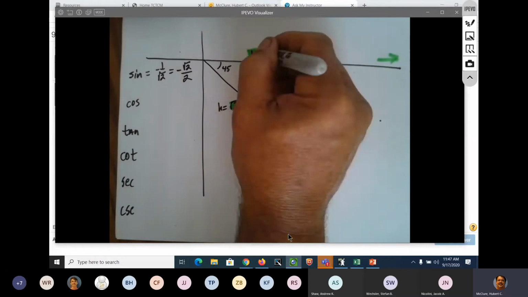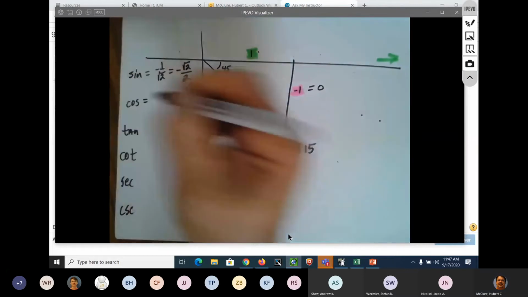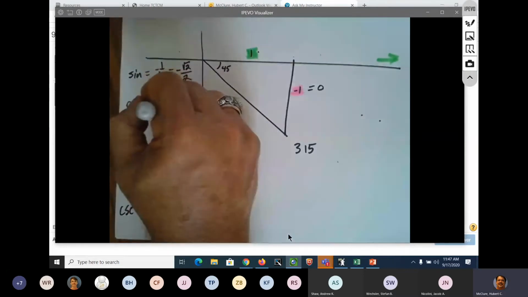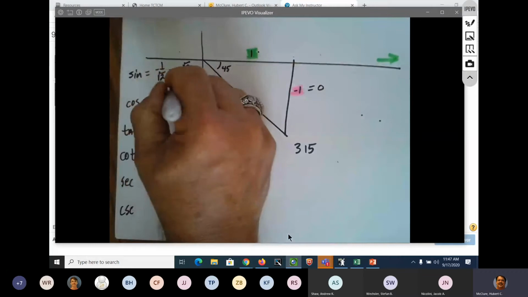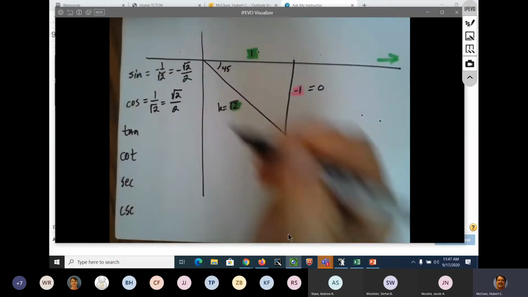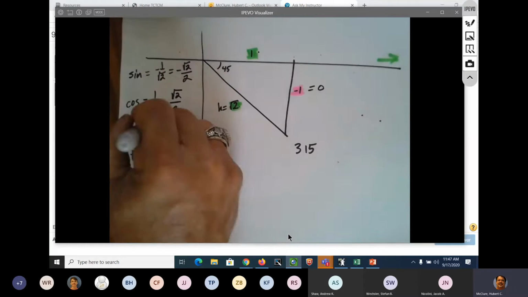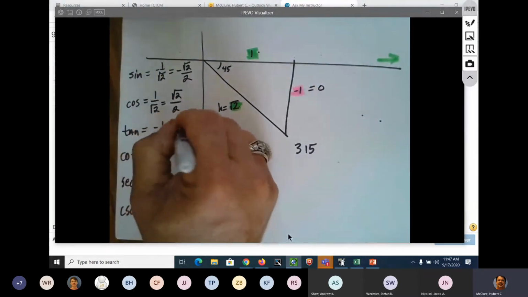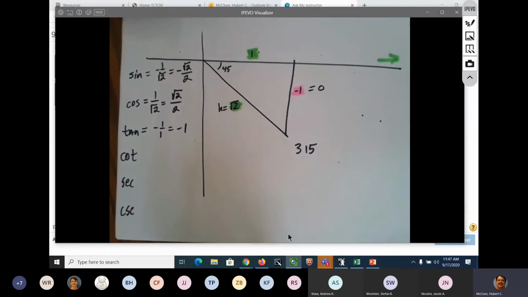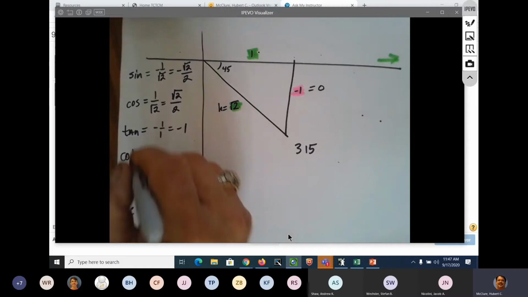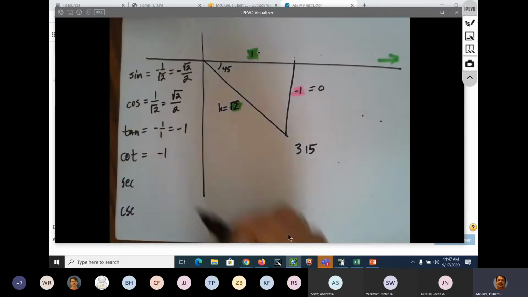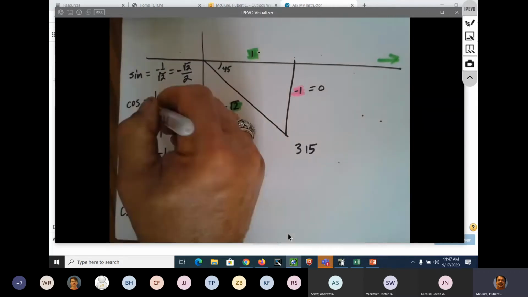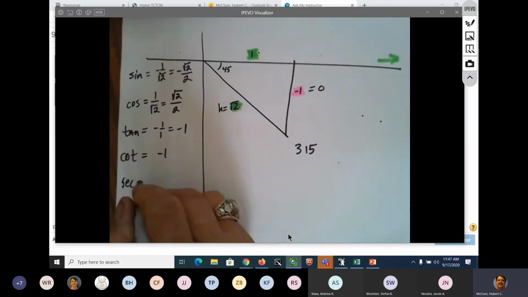Cosine is 1 over the square root of 2, which is equal to the square root of 2 over 2. Tangent is negative 1 over 1, which is negative 1. And the reciprocal of negative 1 over 1 is negative 1 over 1, so the cotangent is equal to negative 1. The reciprocal of 1 over the square root of 2 is square root of 2.